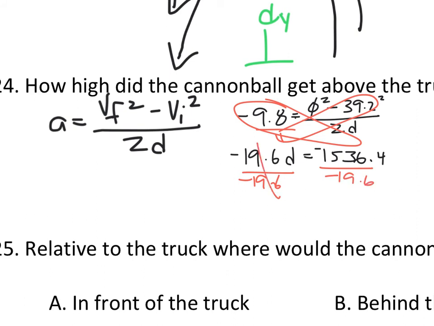So that gives me d all by itself, and 1,536.4 divided by negative 19.6 gives me positive 78.4 meters. So that's how high that cannonball got.